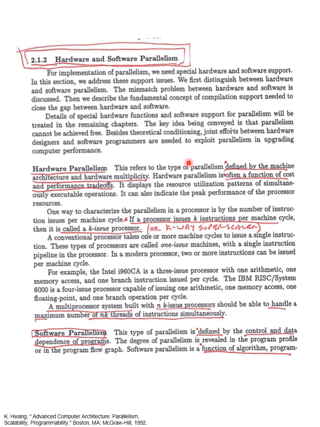So you want to know what you're getting for your dollars. That's defined by the machine architecture and hardware multiplicity, and is a function of cost trade-offs. For example, if you have a K-issue processor, that's referred to as a K-way, or a two-way superscalar, three-way superscalar, parallel pipelines where you're fetching multiple instructions at the same time.